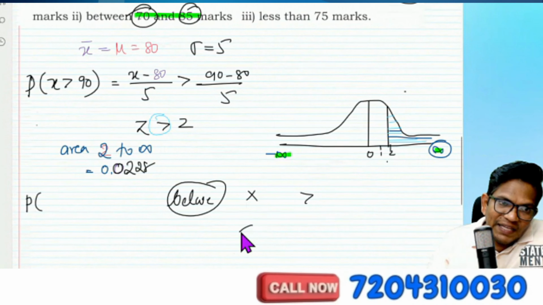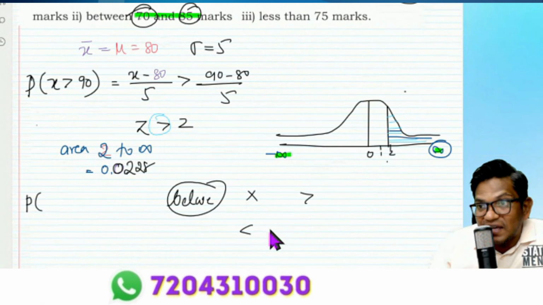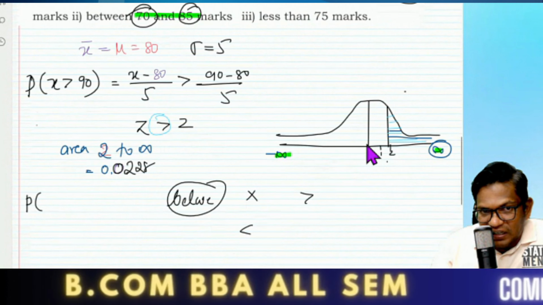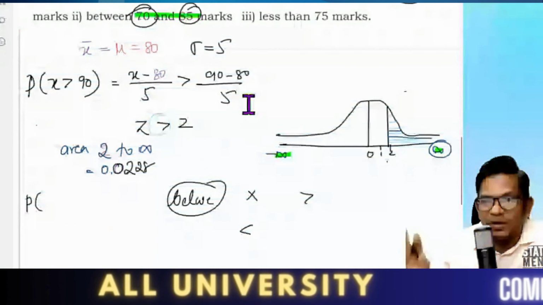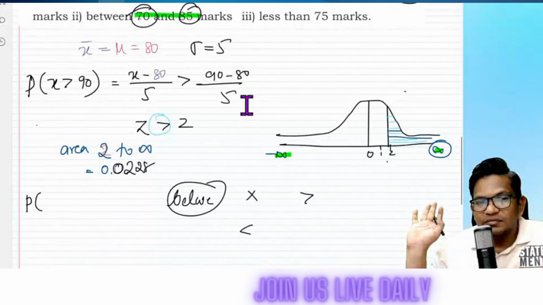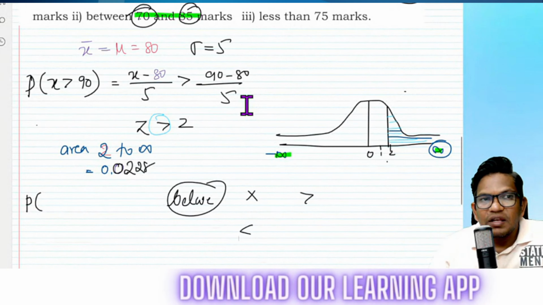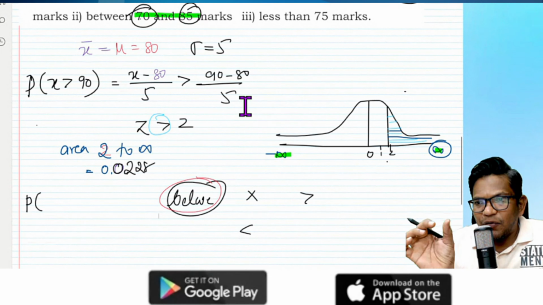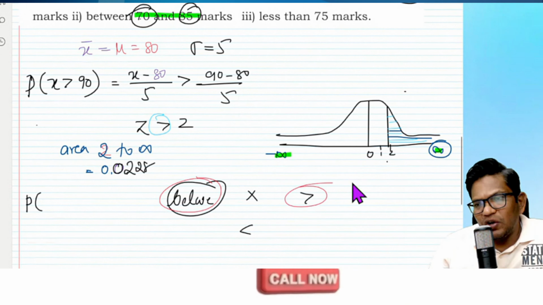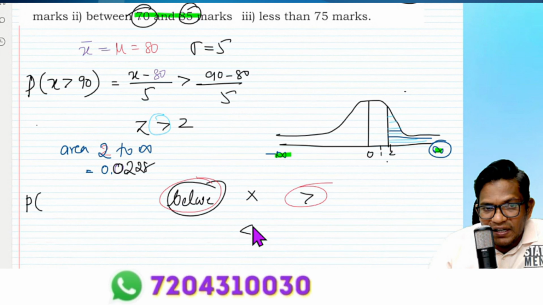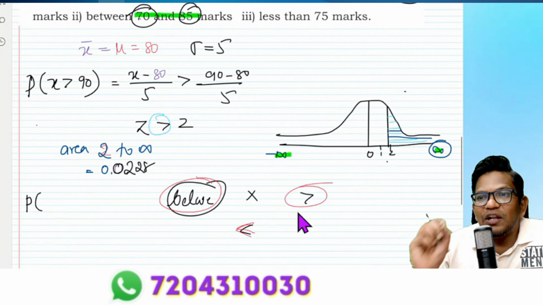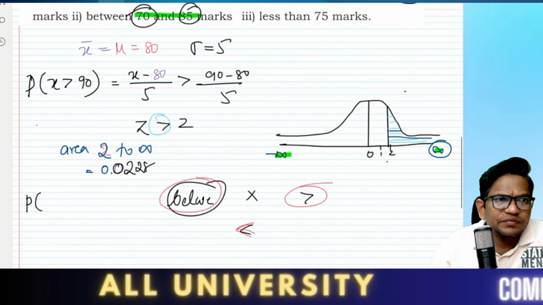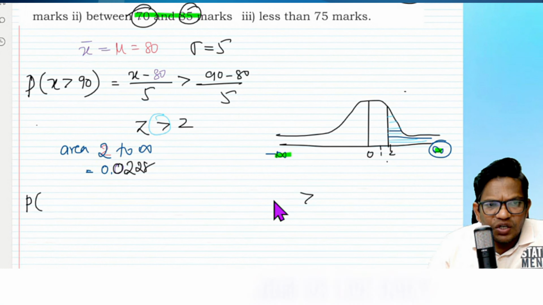If you get less than, that means the negative side, and in that case we have to do the 1 minus. Between means we are getting the center value, and greater than means positive values. If you get less than, the values are obviously minus, so you can get it. Got it?